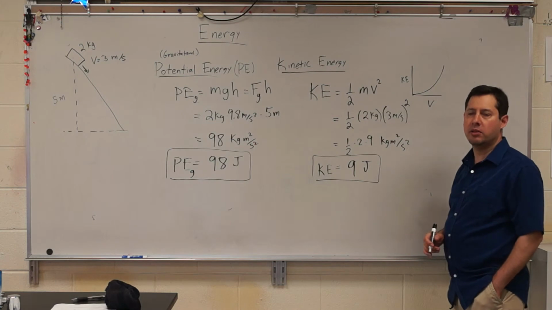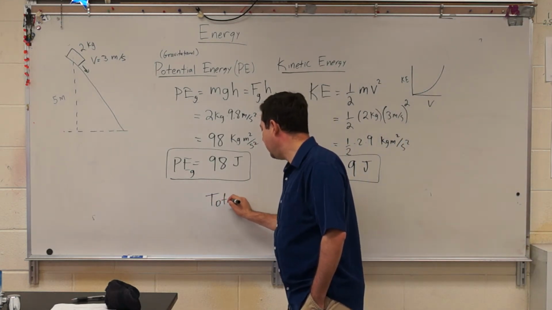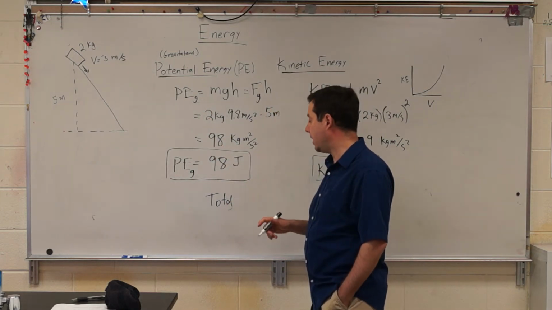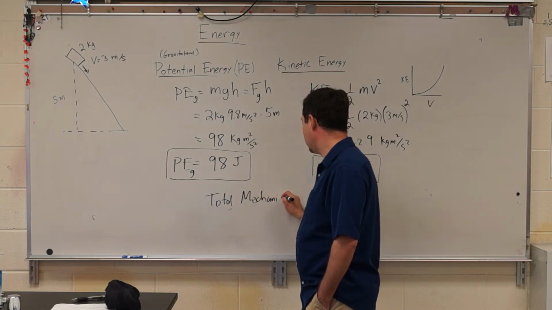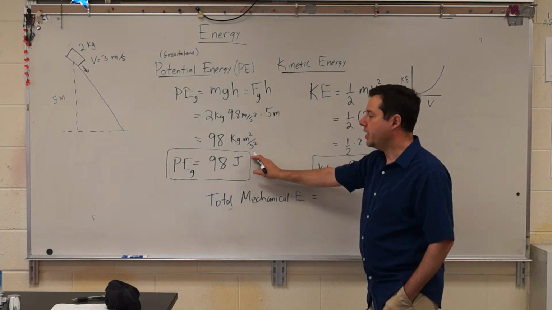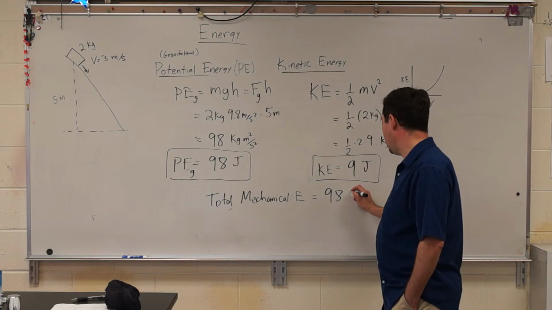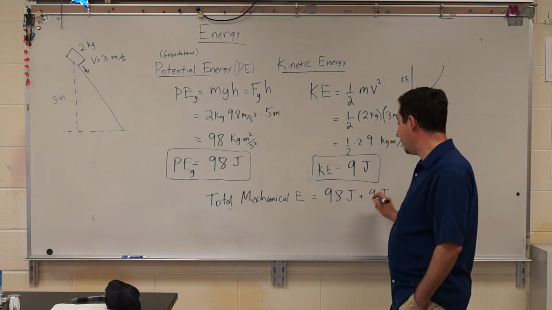If you want to talk about the total energy, and really there's a lot of energy that is probably internal and stuff like that. So let's just talk about the total mechanical energy. And we can just add the two together. It's got 98 joules of potential energy and 9 joules of kinetic energy.